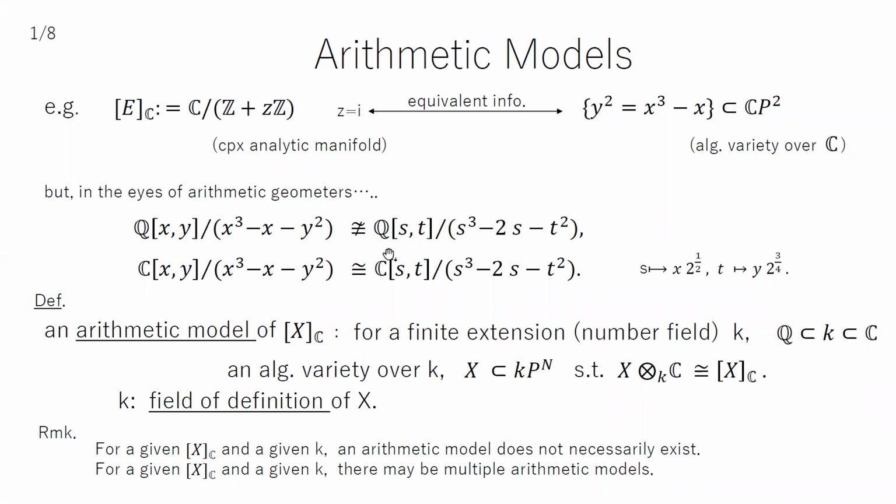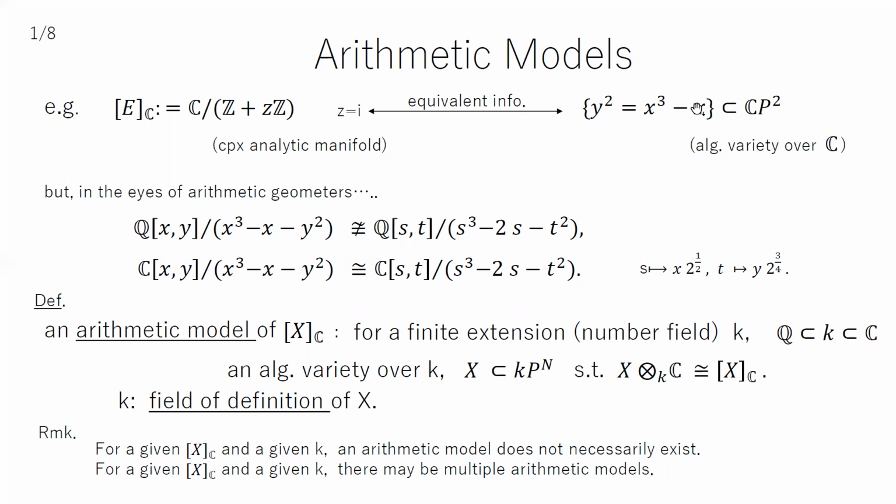Those two rings are isomorphic because we can substitute s by x times the square root of 2 and so on. That's another way to say that the two varieties defined by those two equations are isomorphic over the complex number field. But we could think of algebraic geometry over the field of rational numbers as well.